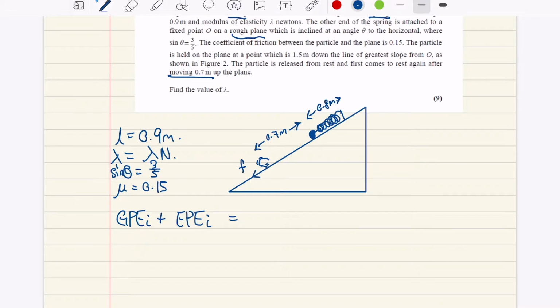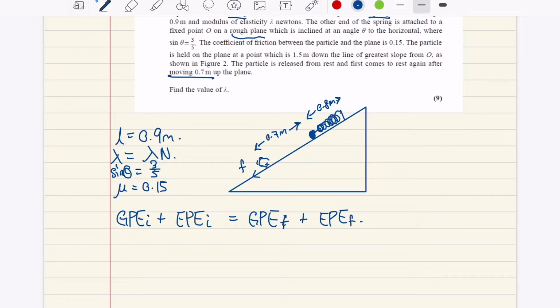After the particle moves 0.7 meter, it still has gravitational potential energy. And because the spring has been compressed from 0.9 to 0.8, the spring will still have elastic potential energy. Also, this is final.